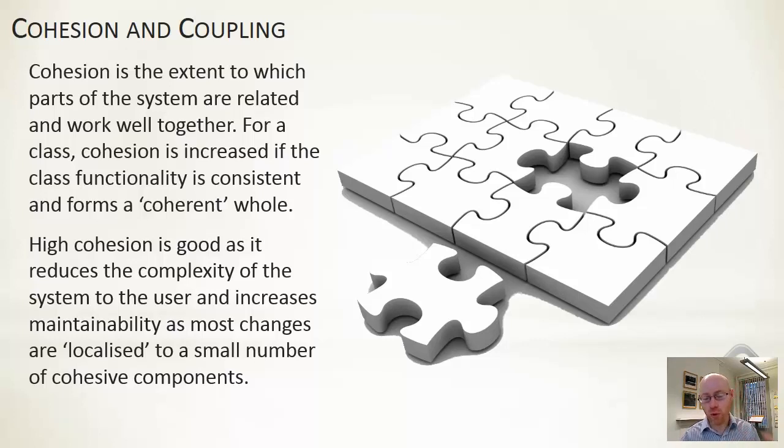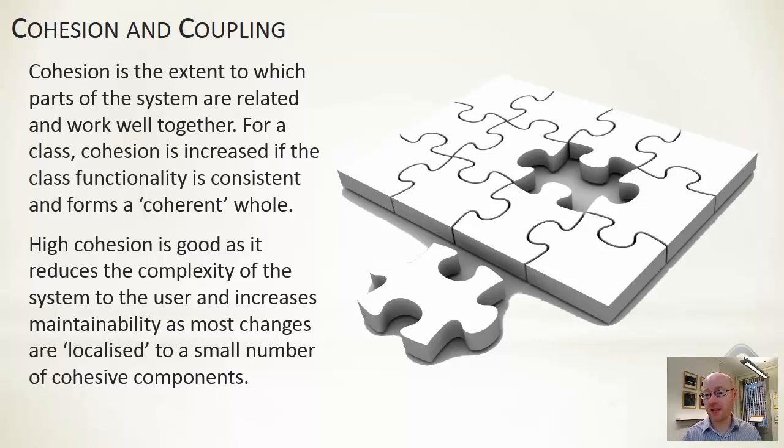Where we wouldn't have high cohesion is if you had, for example, let's say it was a collision detection system within the game, and you had one class that provided some types of collision detection, you had another class that provided another type of collision detection. There you're taking what is a coherent chunk of functionality and spreading it across multiple classes. That potentially lowers the cohesion of it.